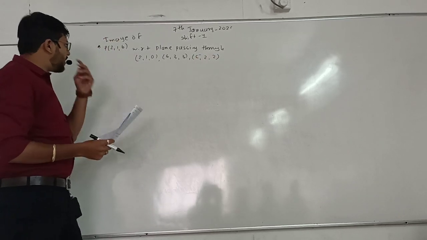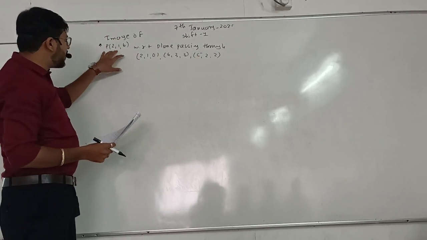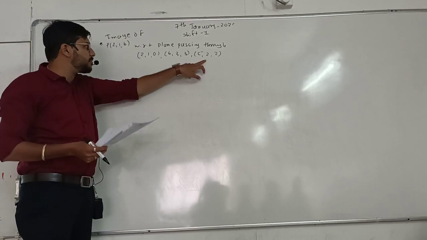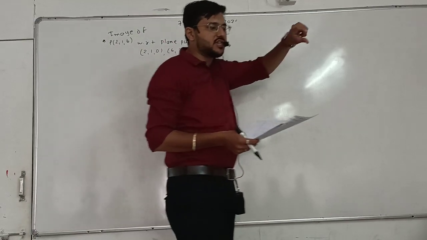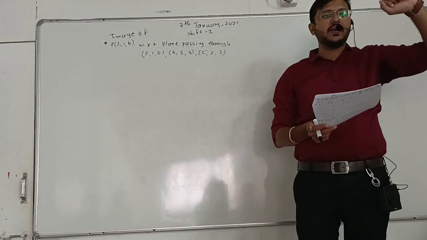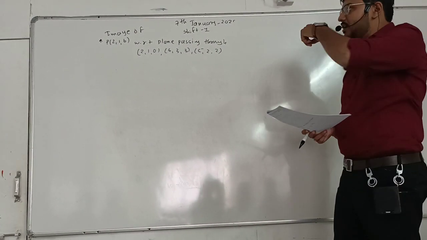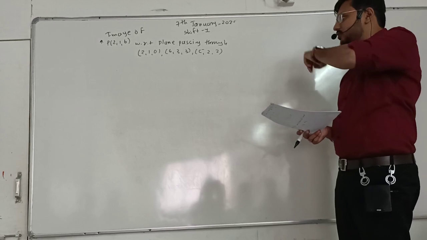So now we have to find out the image of a point with respect to the plane, and the plane is passing through the points. Now we know the equation of the image of a point with respect to a plane. But before that we need to find out the equation of a plane which passes through 3 points.